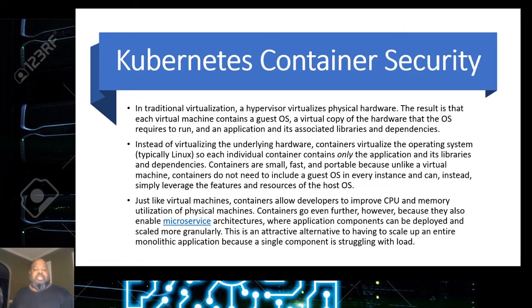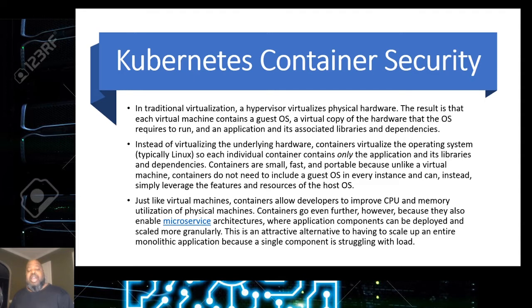So that's what it talks about here. In traditional hypervisor virtualization, each VM contains a guest OS, a virtual copy of the hardware that the OS requires to run, and the application and associated libraries and dependencies. Instead of virtualizing the underlying hardware, containers virtualize the operating system, typically Linux, so each individual container contains only the application and its libraries and dependencies.